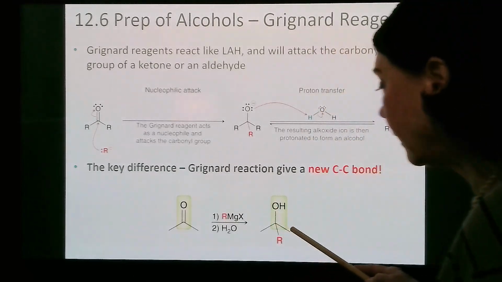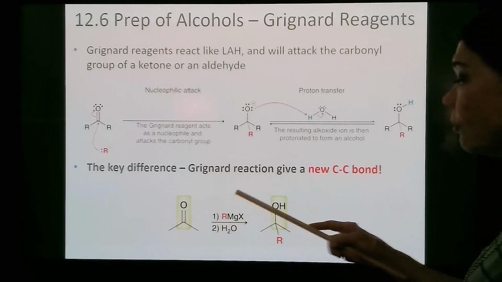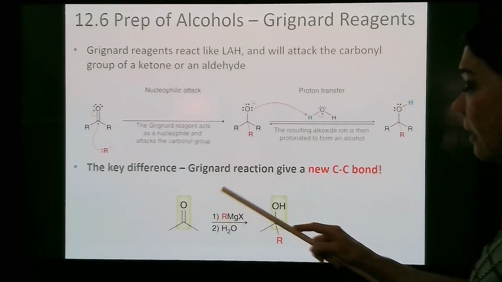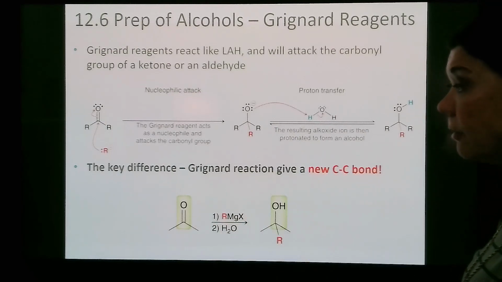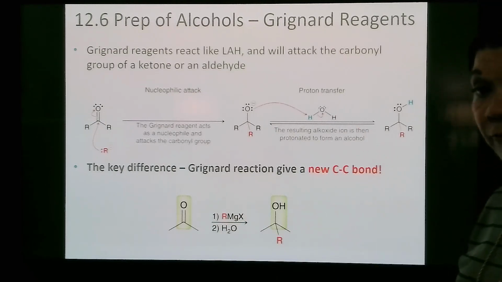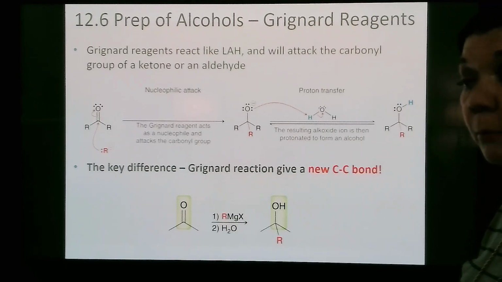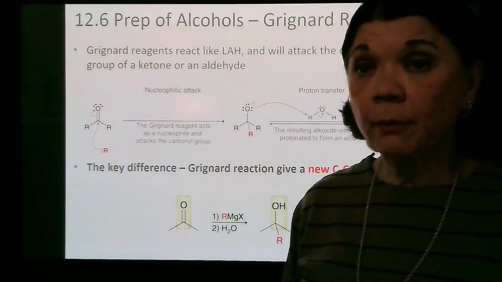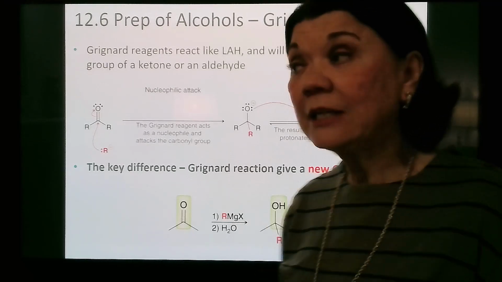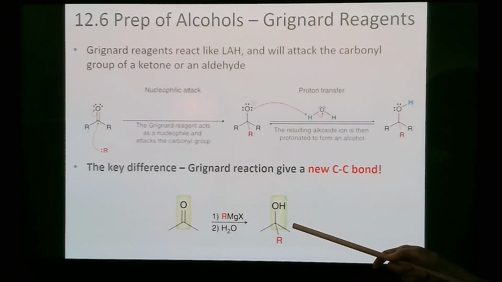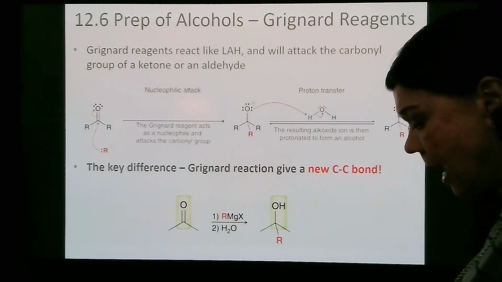So here is your second one. This is the Grignard reaction, where the Grignard reagent reacts with a carbonyl. This is your second way of forming a new carbon-carbon bond, and every time you form a new carbon-carbon bond, you are increasing the carbon skeleton. So that's why this is a very important reaction.